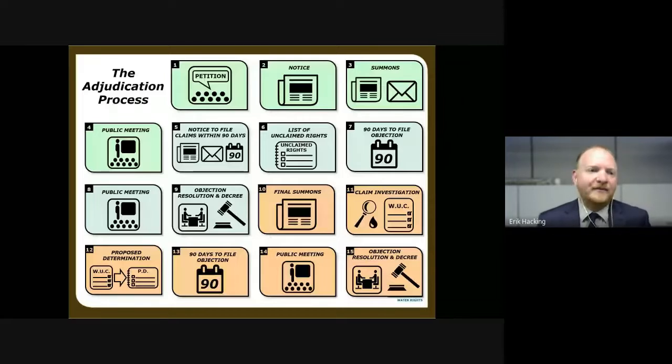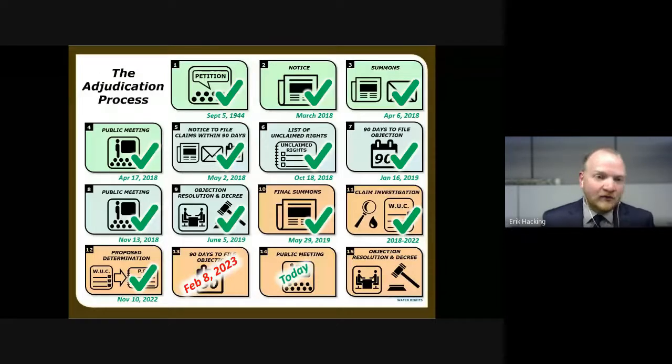And then notices were sent out March 2018, which really started this whole process. Summons were sent out April 6, 2018, and an initial public meeting was held April 17th, 2018, similar to this one, to let people know what was going on with the general stream adjudication and how the process worked.